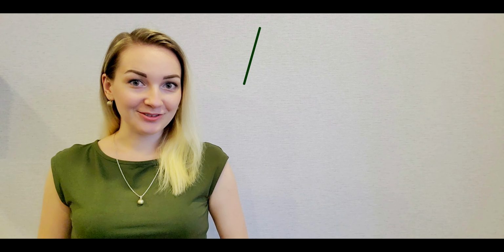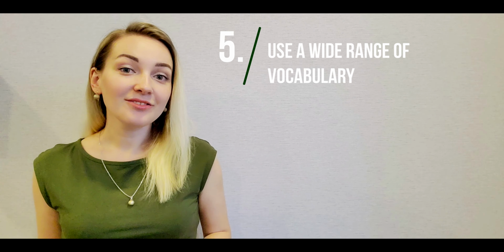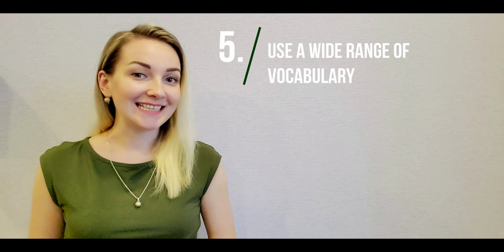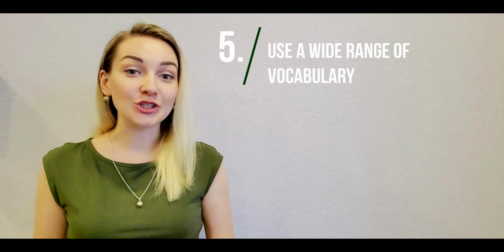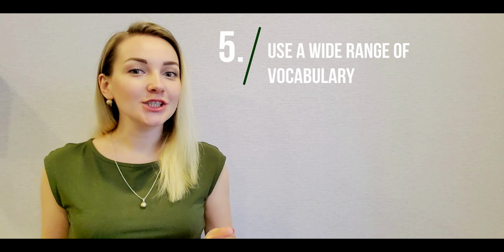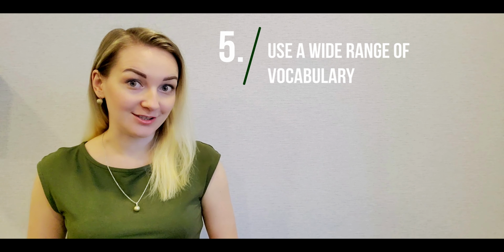Tip number 5. Use a wide range of vocabulary. Never use the same words that are given in the task. Try to paraphrase and use the synonyms in order to show the variety and flexibility of your vocabulary.